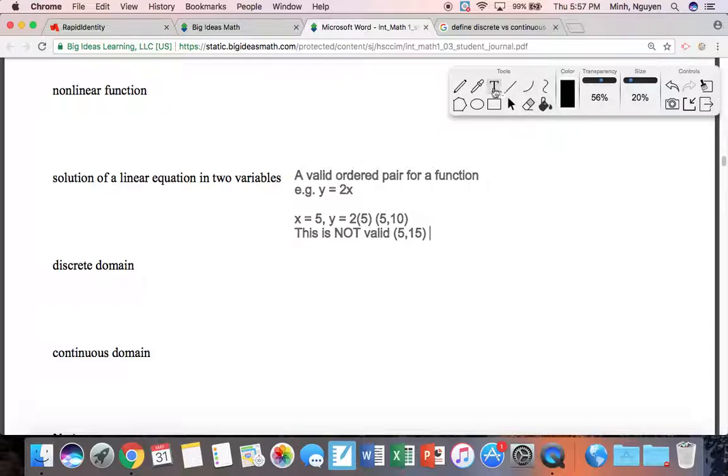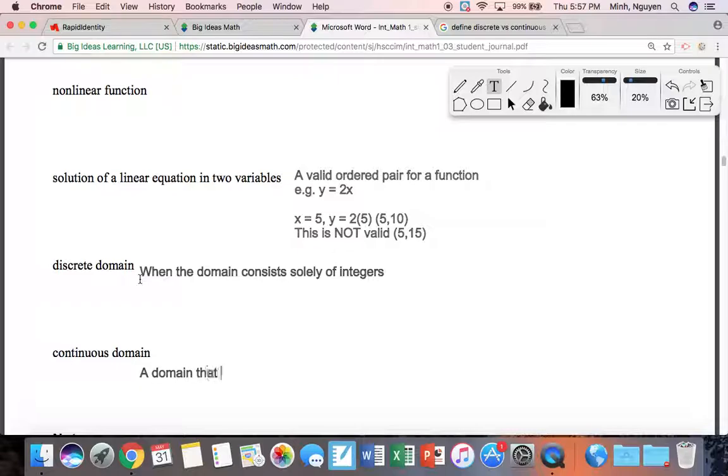Okay, so discrete is when a discrete domain, so again, domain meaning x, consists solely of integers. So things like 0, 1, 2, 3, 4, 5, 6, 7, 8, 9, 10, those all work. What's the difference between that and continuous then?